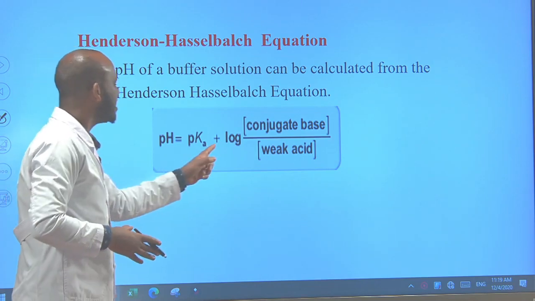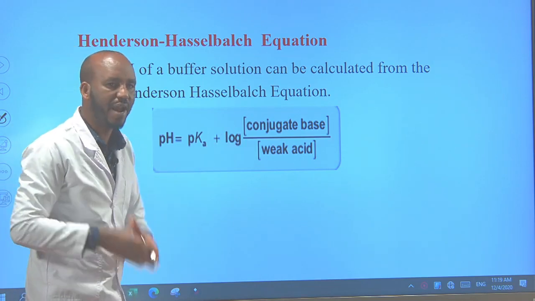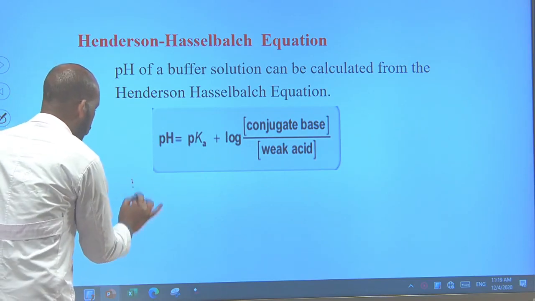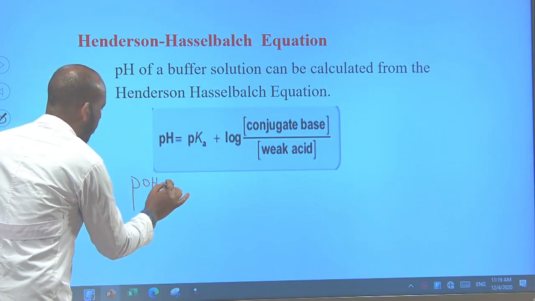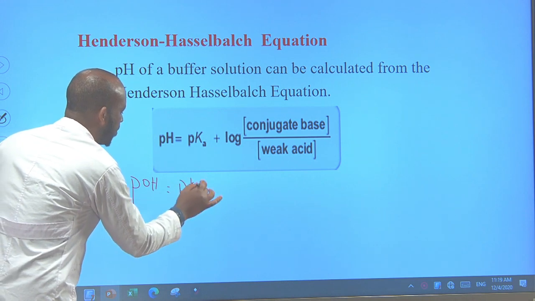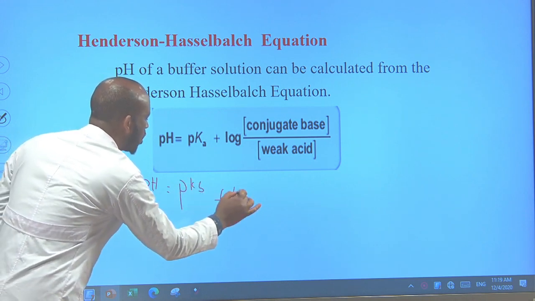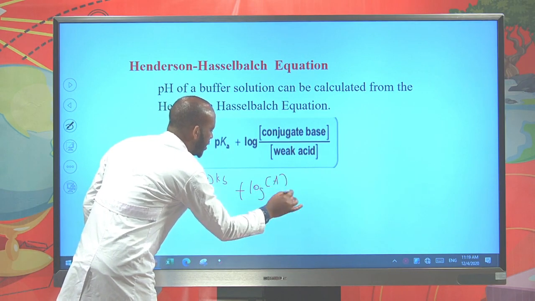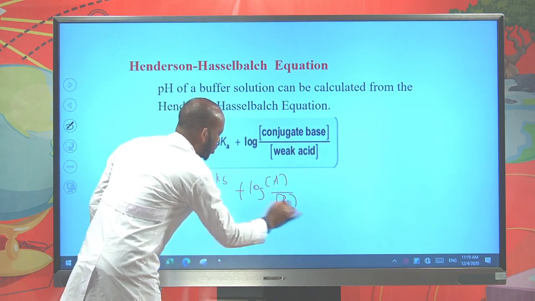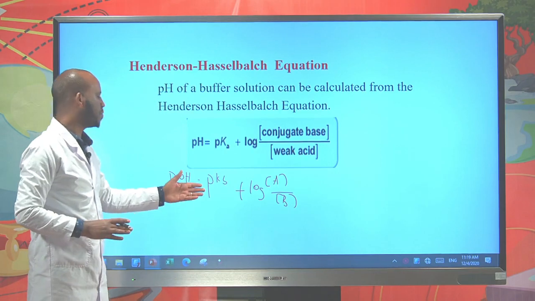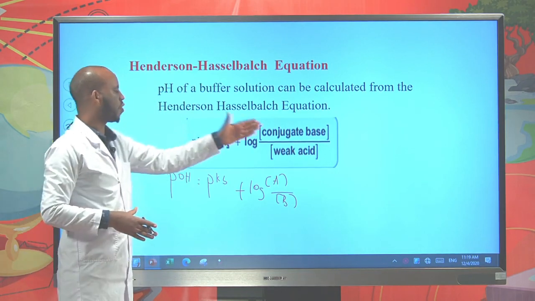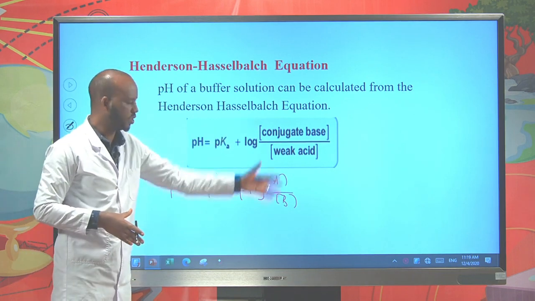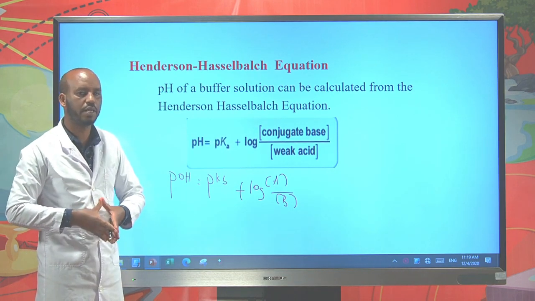This is for an acidic buffer solution. For a basic buffer solution, pOH equals pKb plus log of the acid concentration divided by the base concentration. This is for a basic buffer solution. The equation is known as the Henderson-Hasselbalch equation.